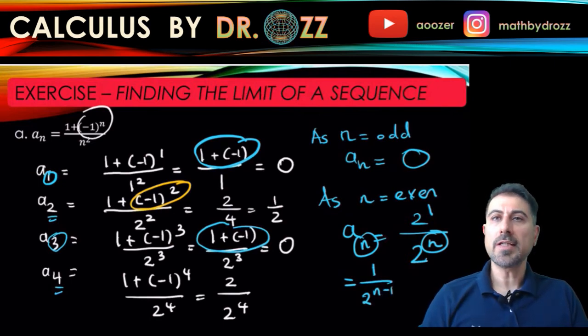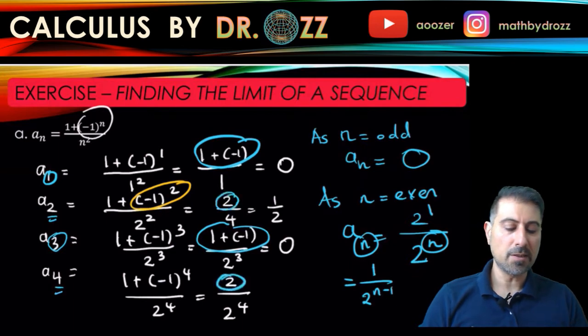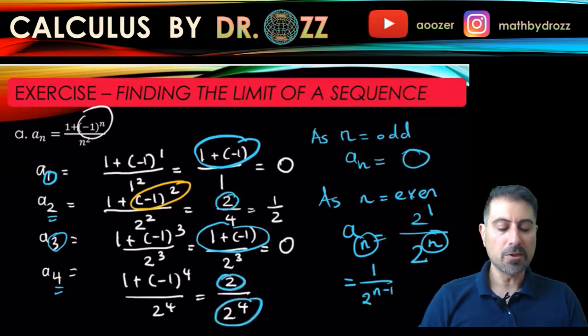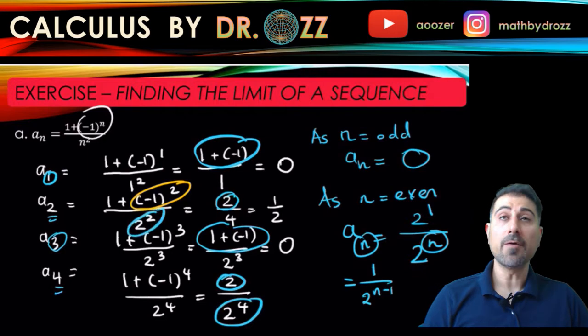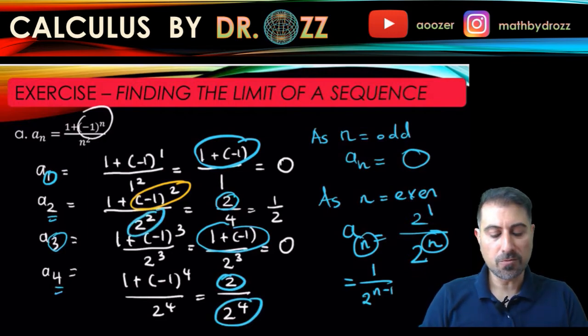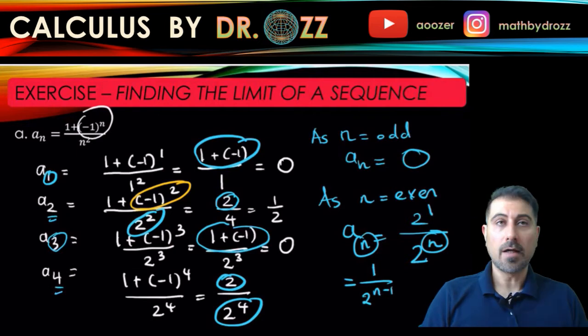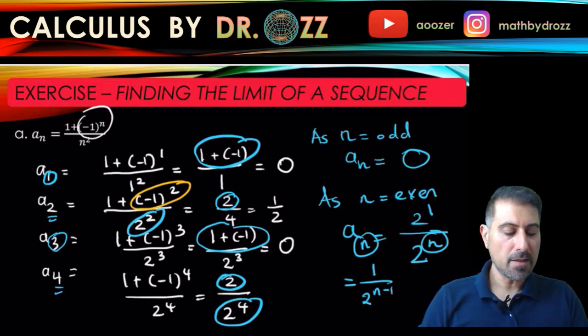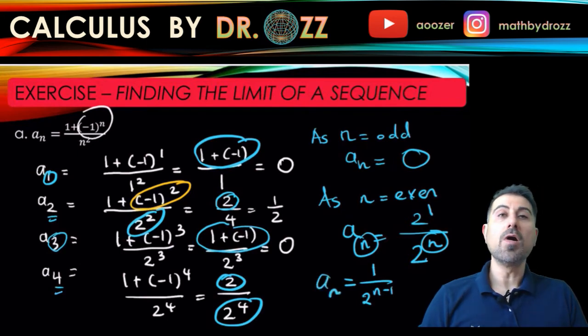So there are two things I can deduce. The tops are always 2, as you see, and the bottoms depend on n. And n is even, so it could be 2, 4, 6, 8, and on and on. So eventually, a_n becomes 2 over n squared.